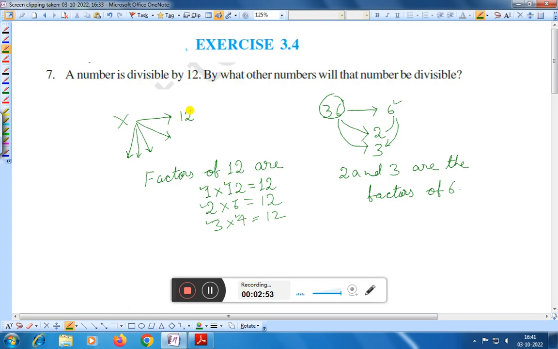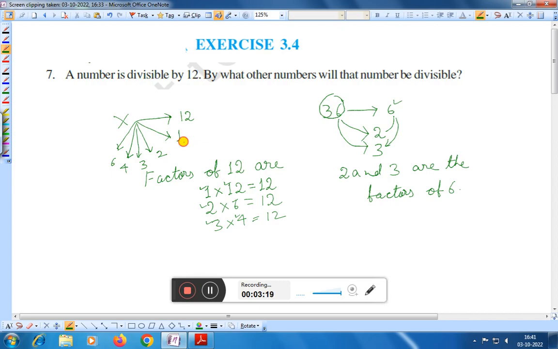Now you see, if this x is divisible by 12, then this x is also divisible by the factors. That is, it is divisible by 1, it will be divisible by 2, it will be divisible by 3, it will be divisible by 4, and it is also divisible by 6, right?